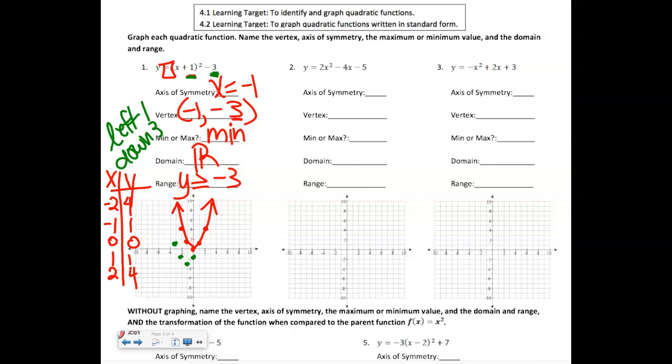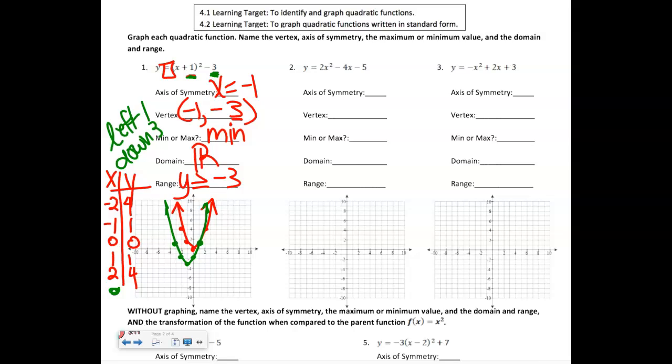And then we'll do that for every single point and connect them. So on your test, on your vertex form, I should see a table, a parent, and a new. So I should see 2 graphs on those.